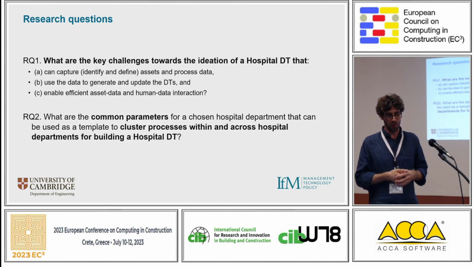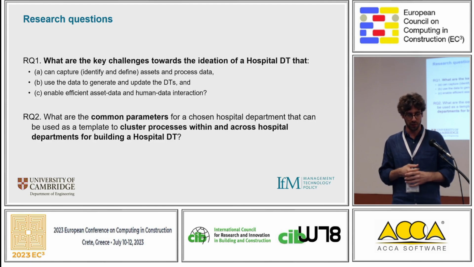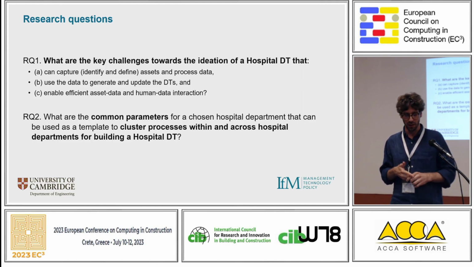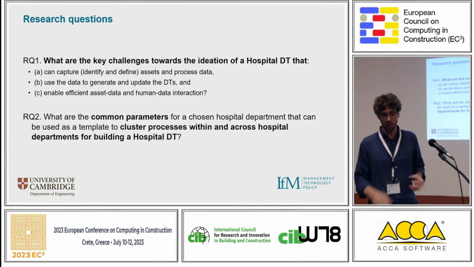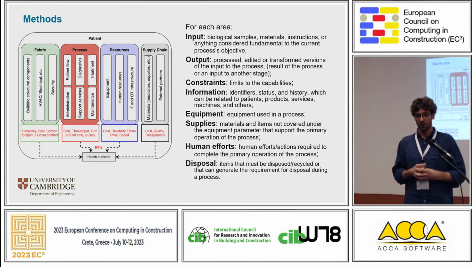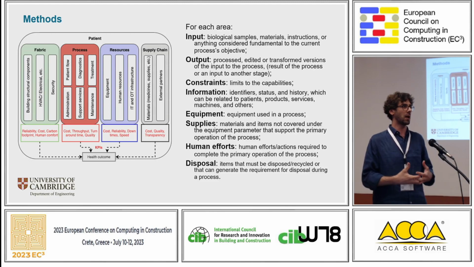So what are the key challenges for the ideation of hospital digital twins that can capture and use data for analytics and enable efficient asset data and human data interaction? And what are the common parameters that can be used for clustering these processes? So we start by describing what's happening in a hospital facility.